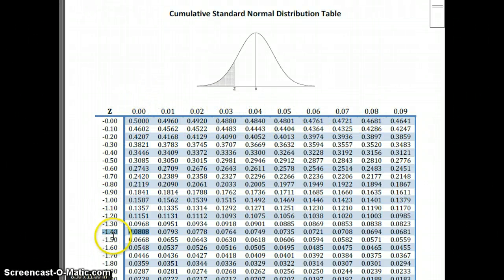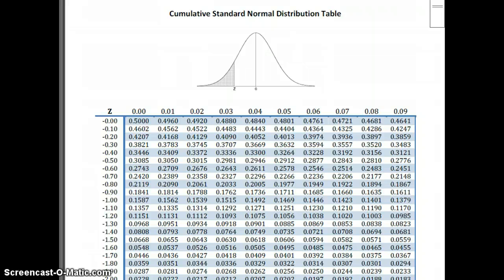So this is negative 1.40, and this adds on no hundredths at all, so 0.00. My corresponding area would be 0.0808. Again, that is the area up to that particular Z-score. That's given to you in decimal form. You can certainly convert that into a percentage by moving the decimal point 2 places to the right, and that would be about 8.08%.